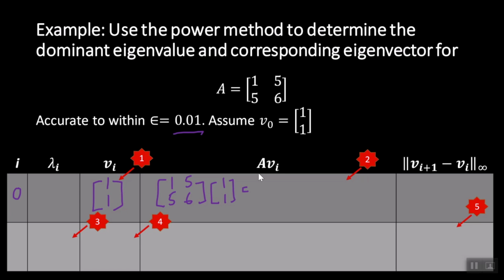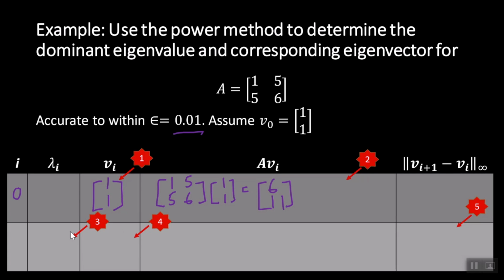Now I find it so much easier using the calculator to calculate the values of the multiplication of these matrices. So a 2 by 2 matrix multiplied with a 2 by 1 vector gives us a 2 by 1 vector, which is 6, 11.